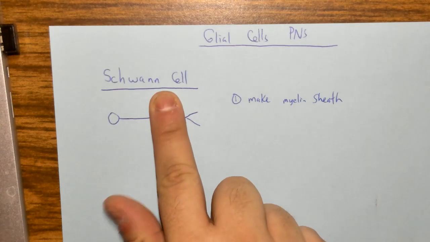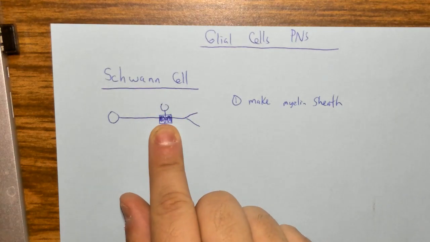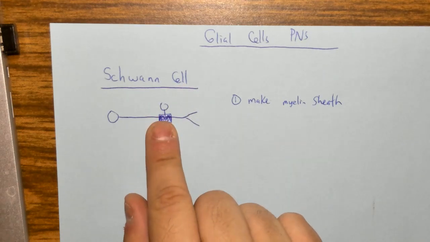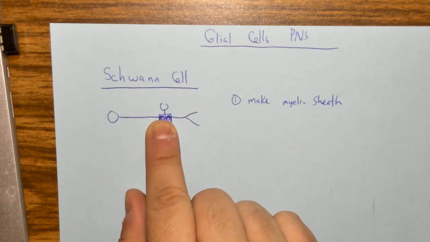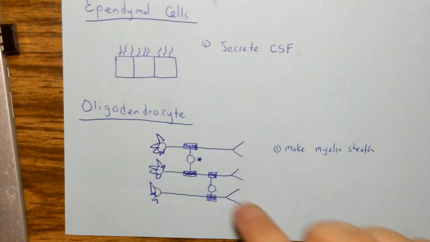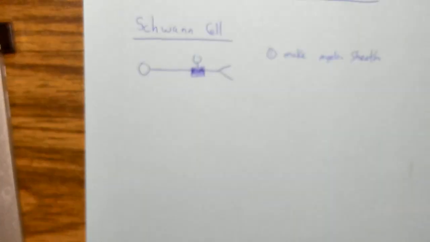Schwann cells do the exact same thing as an oligodendrocyte. The difference is one Schwann cell can only make myelin sheath on one neuron, whereas oligodendrocytes can work on two at one time.